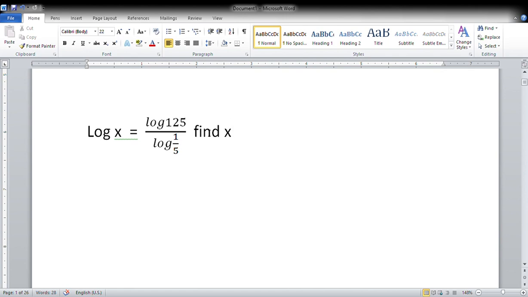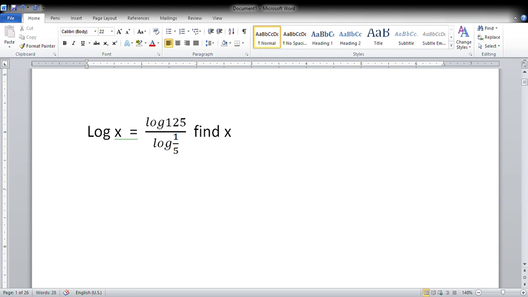Again, if you have not studied indices, please go and study them first, because all the concepts of log depend on the previous chapter on indices. If you don't know indices, it will be tough to understand log.